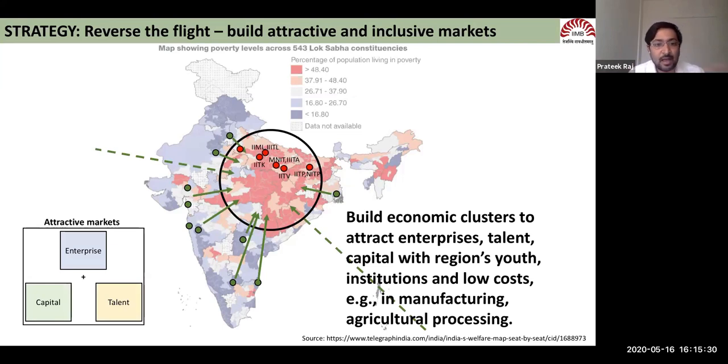And there are initiatives focusing on universities, there are initiatives trying to boost certain regions, certain corridors of the Ganga River, etc. But obviously, just wishing that economic clusters get built doesn't really build them.